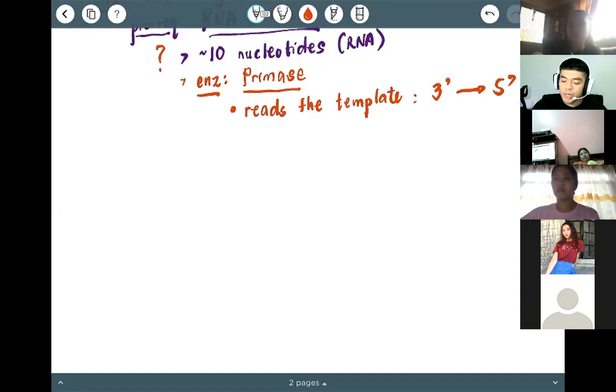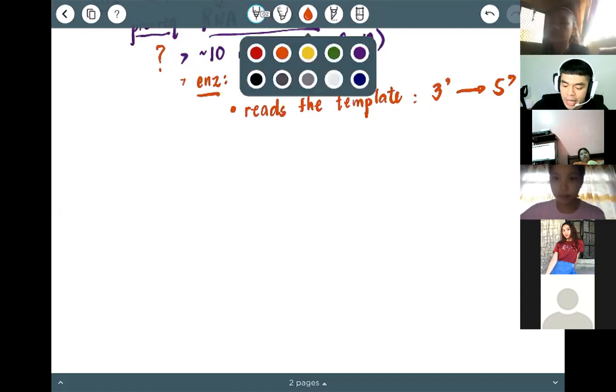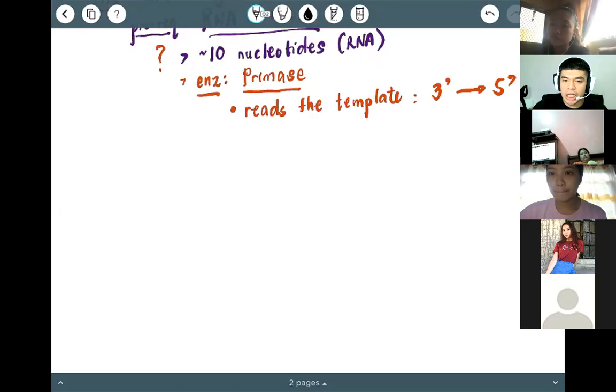Question, when we say template, are we referring to the product or the original strand? Original. Old or original. That's right. So yan ang activity ng primase. Anong ibig sabihin nung reads the template?